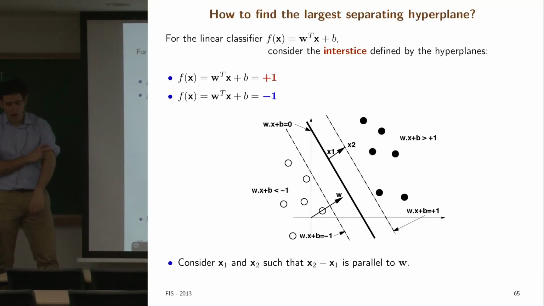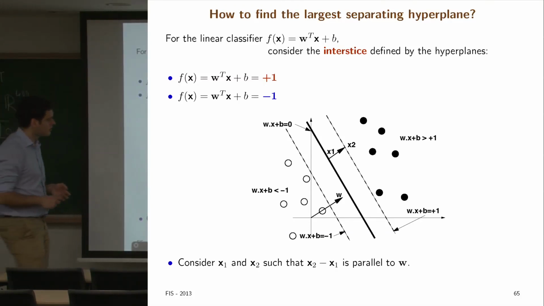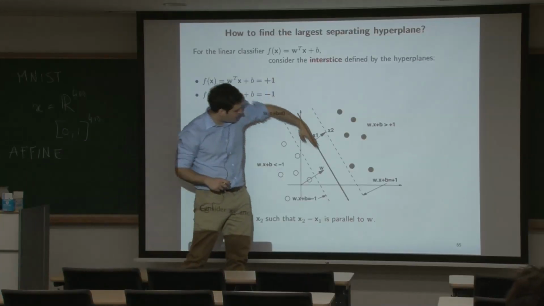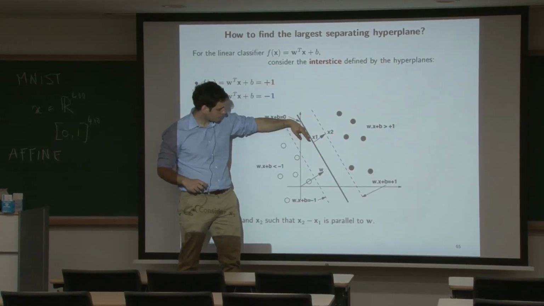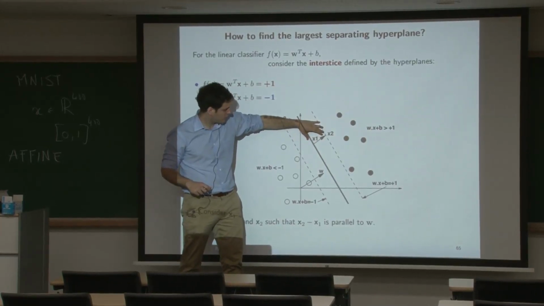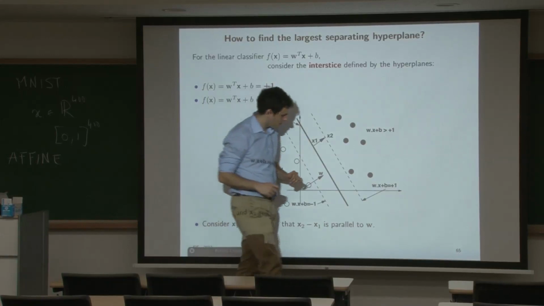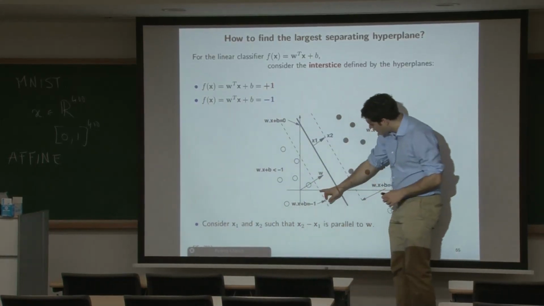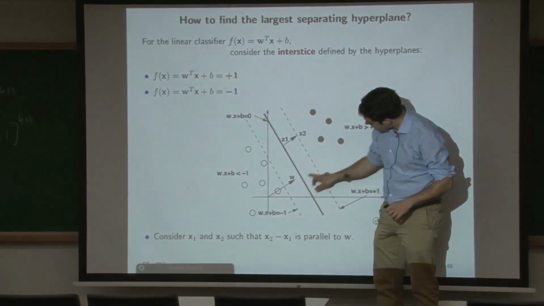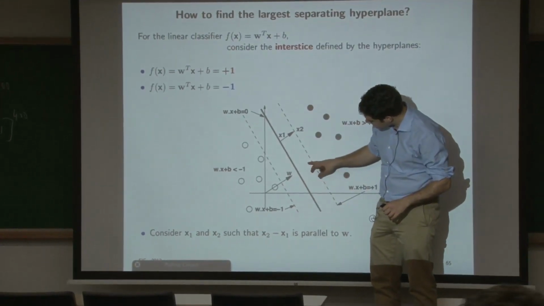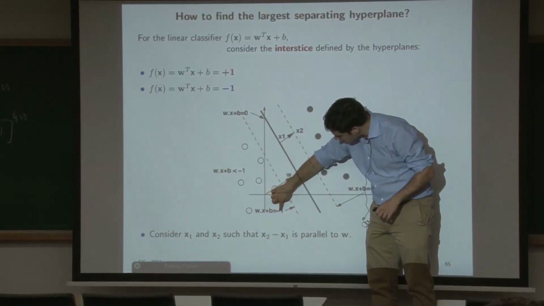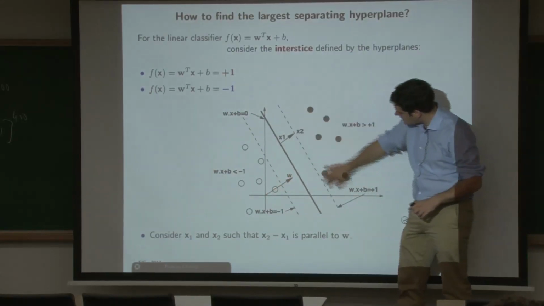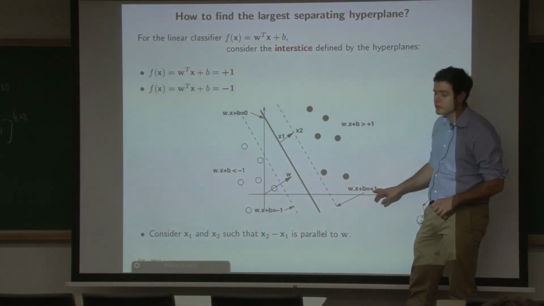So this is how you parameterize the support vector machine. You would say that for a given hyperplane w transpose x plus b equals 0, the width of that tube will be such that here the hyperplane will be set to be w transpose x plus b equals minus 1, and this hyperplane will be set to be w transpose x plus b equals plus 1.